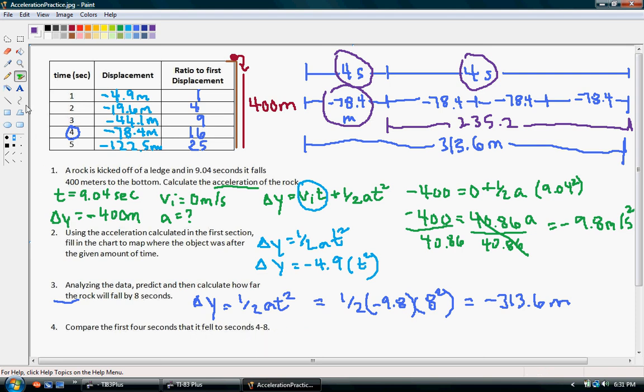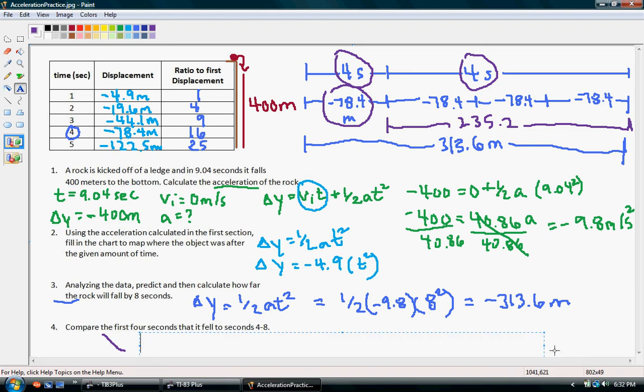So go ahead and write this in as a text. The rock went 3 times farther in the second 4 seconds than in the first 4.